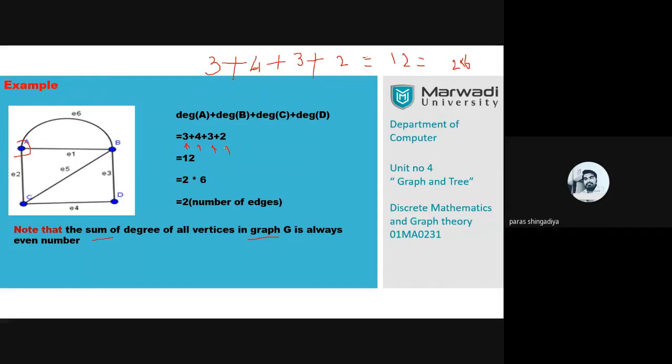If we count, there are two vertices, vertex A and vertex C, which contain an odd degree. So there are only two vertices which contain the odd degree in this graph. So that is our statement. You have to check that in any graph with any number of vertices, any number of edges, the number of vertices of odd degree is always even in quantity.